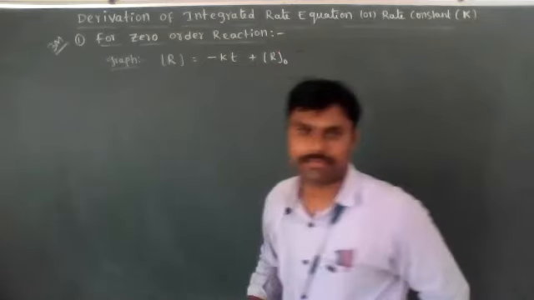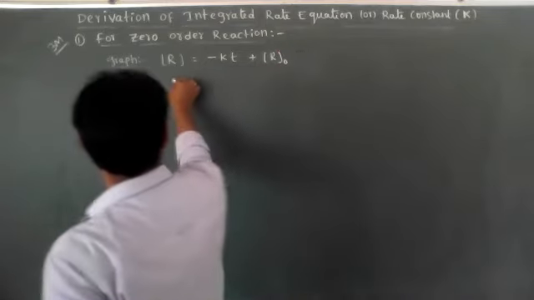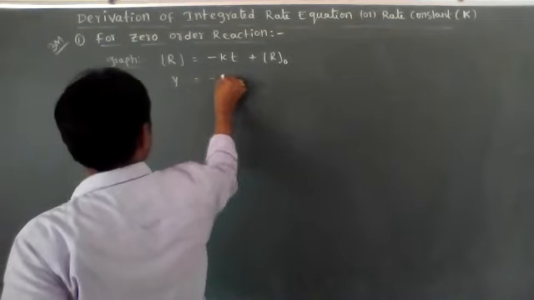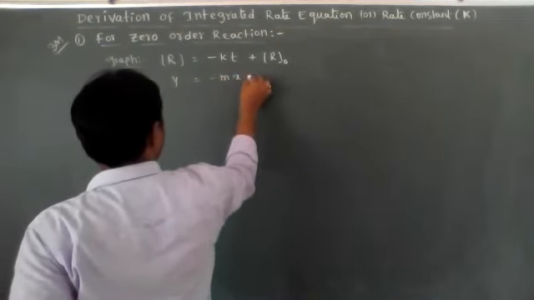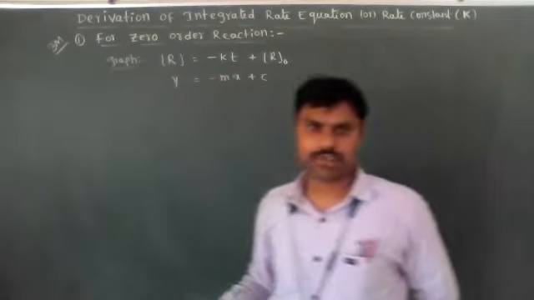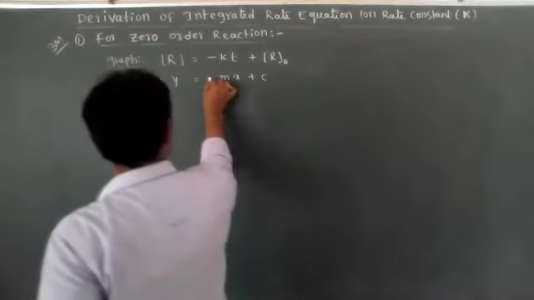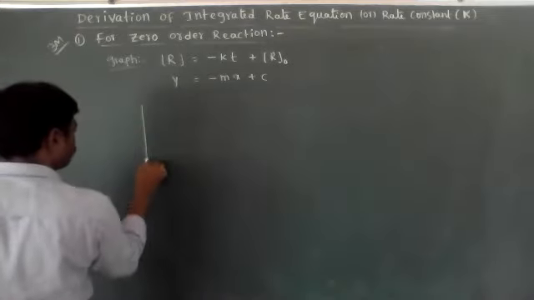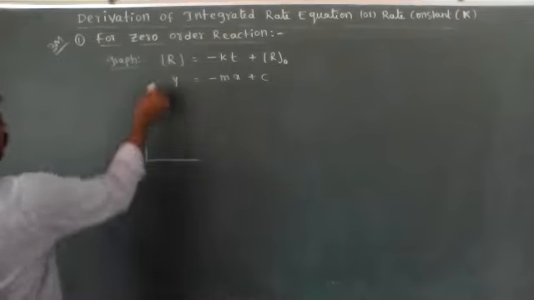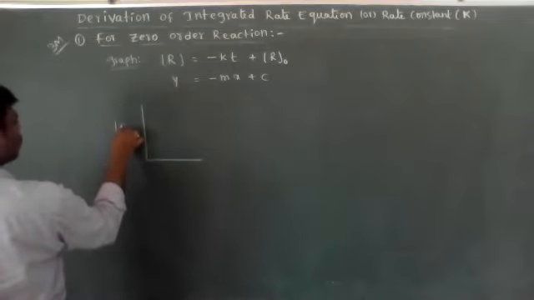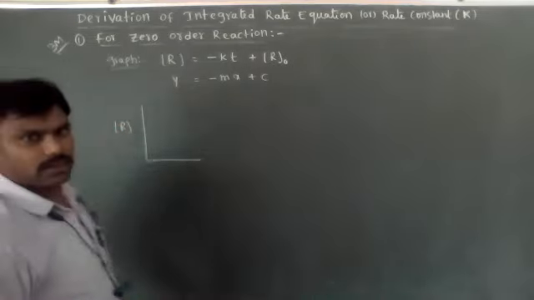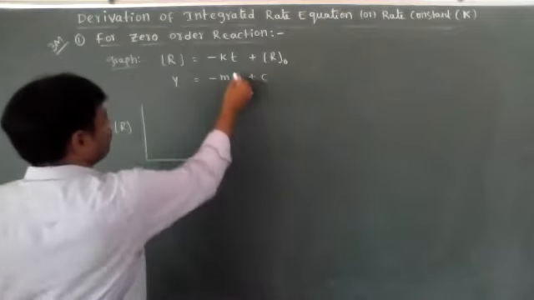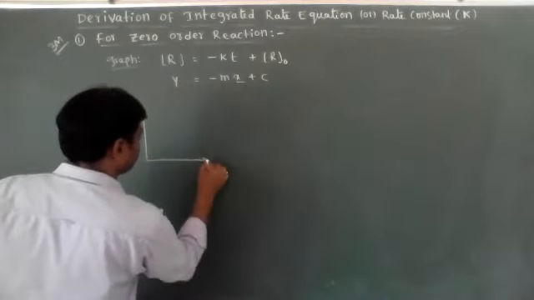It's very clear. From this equation, it seems to be Y is equal to minus mx plus c. So you have to take the graph with concentration of reactant, concentration of R, on the y axis, and time on the x axis.